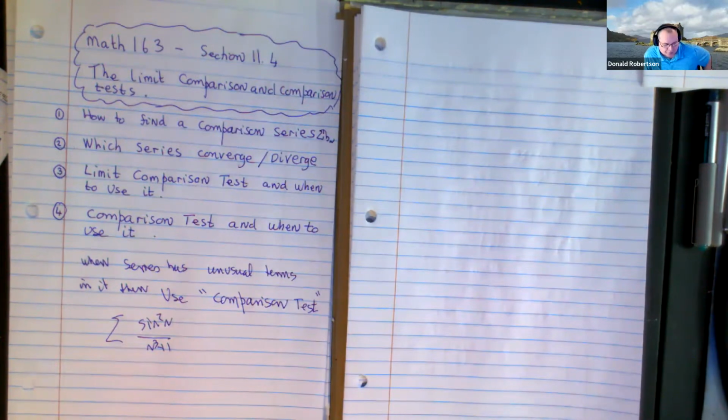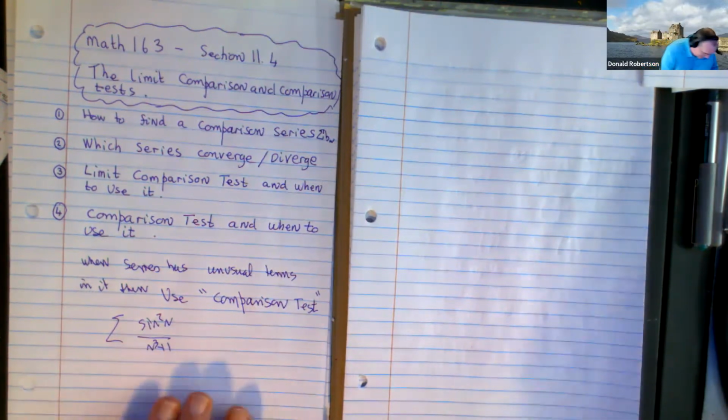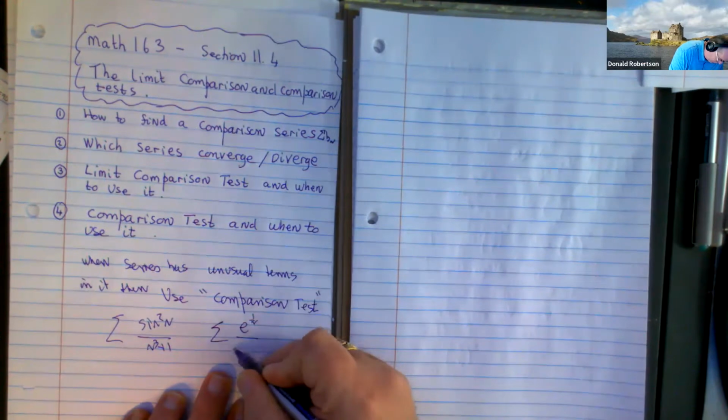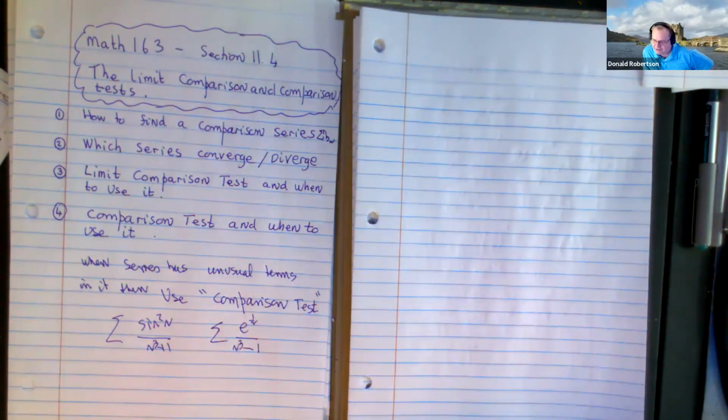If I had wanted to know, does that converge or not? Do you see it's got a sign in it? So if it's got a trig, a sine squared, a cosine cubed, a tangent, an inverse tangent, weird stuff, that's what I mean by unusual. It doesn't have n's and n squares. It has that guy. E's, right? E to the sine n, e to the 1 over n, weird stuff like that.